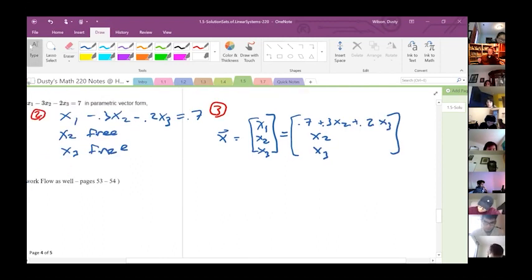And then from there, we can split it up into the components.